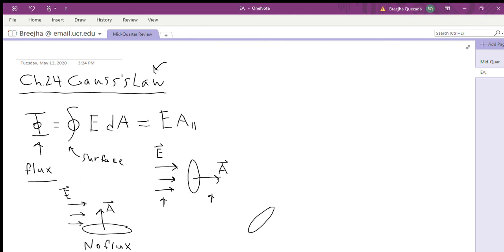So you would only care about this area. If you're given some angle theta of the tilt, this can turn into E times A cosine theta. Sometimes it's easier to use sine depending on which angle you're given, but you're always just looking for the area that has the vector that is parallel to the flow.